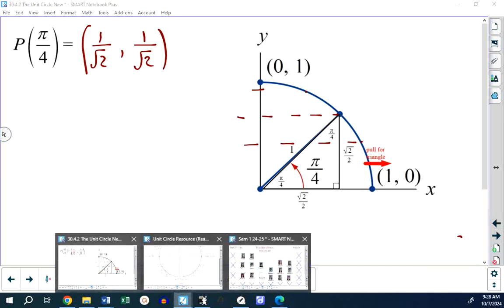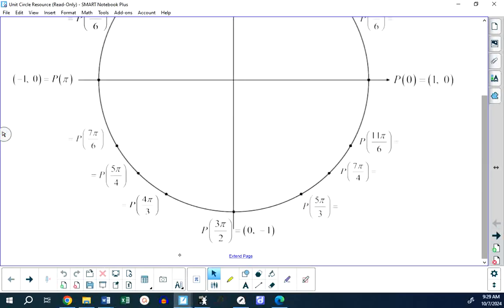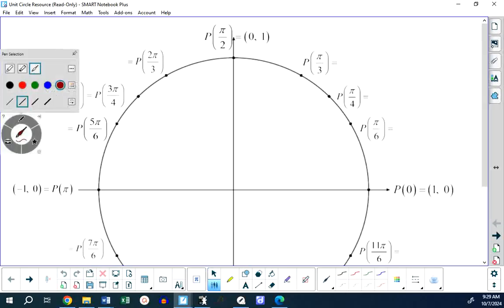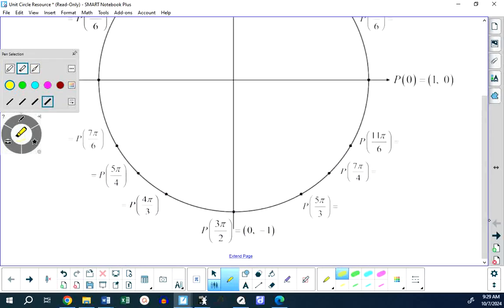Now let's add them to our unit circle. So what do we know now? Well, I'm going to just go away from what we just did and let's do the whole thing. What do we know about this point, this point, this point, and this point?